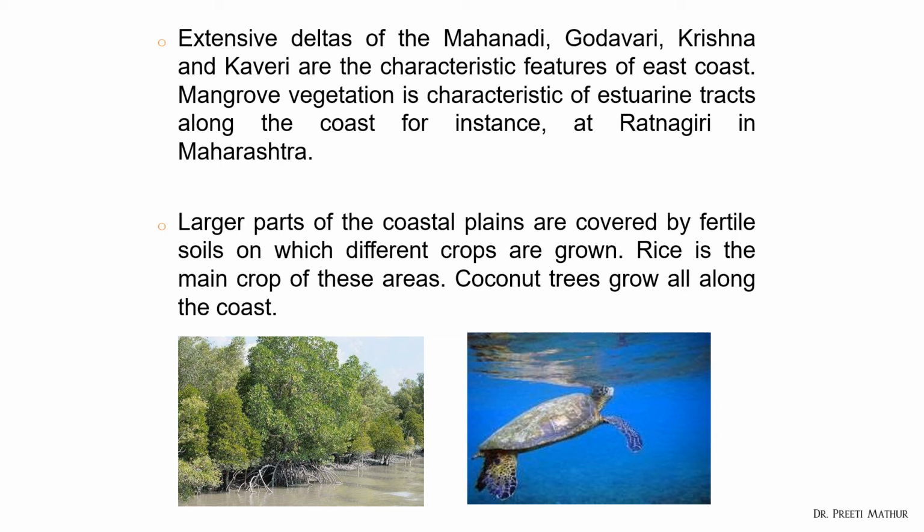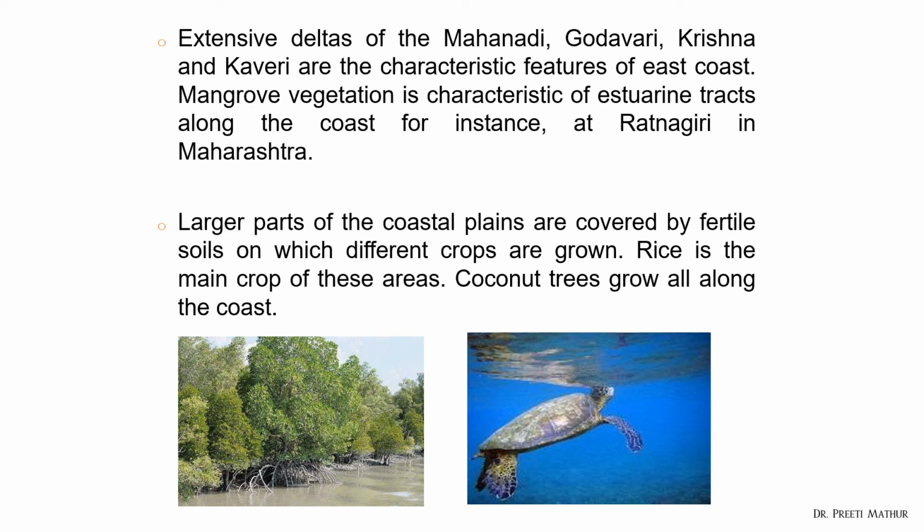Here, extensive deltas of the Mahanadi, Godavari, Krishna and Kaveri are the characteristic features of the East Coast. Mangrove vegetation is characteristic of estuarine tracts along the coast, for instance, at Ratnagiri in Maharashtra.